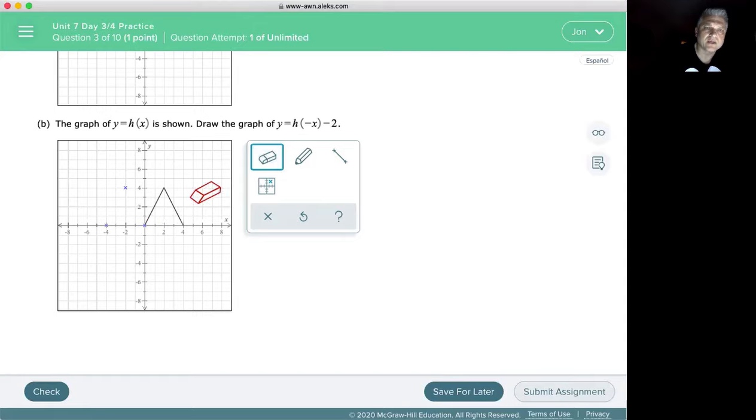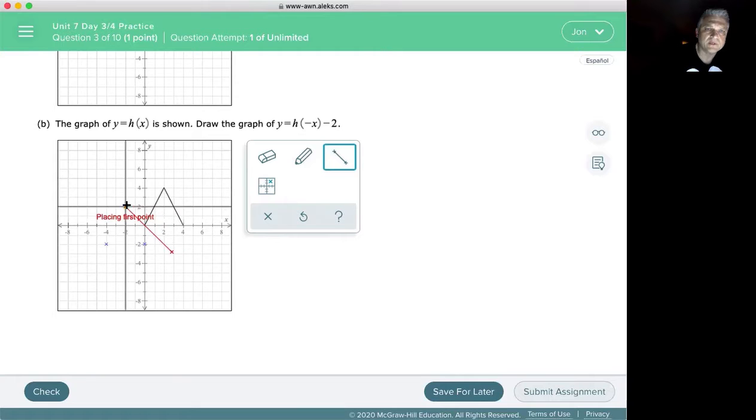So let's take this point up here. Let's drop it down 2 units, which means we're just going to subtract 2 from the y. We're going to do the same thing with this point right here. Drop it down 2 units, again subtracting 2 from the y. And then lastly, we'll take this one right here, drop it down 2 units.